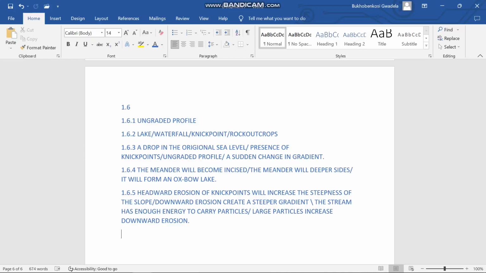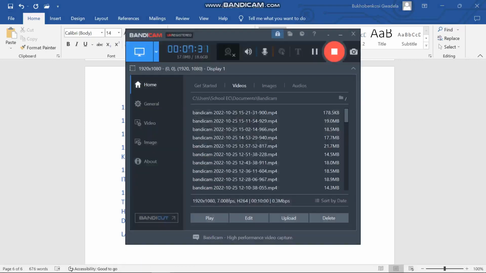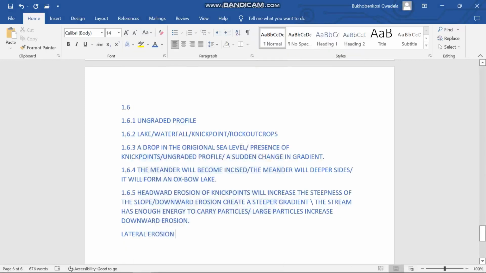You can say lateral erosion will lead to a more gradual gradient, because lateral erosion is sideways erosion, in the sides of river edges.